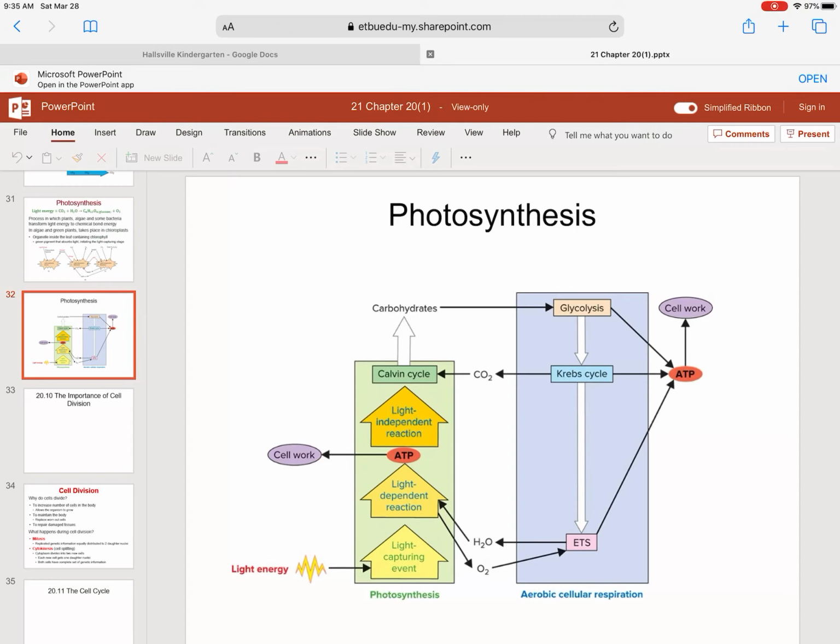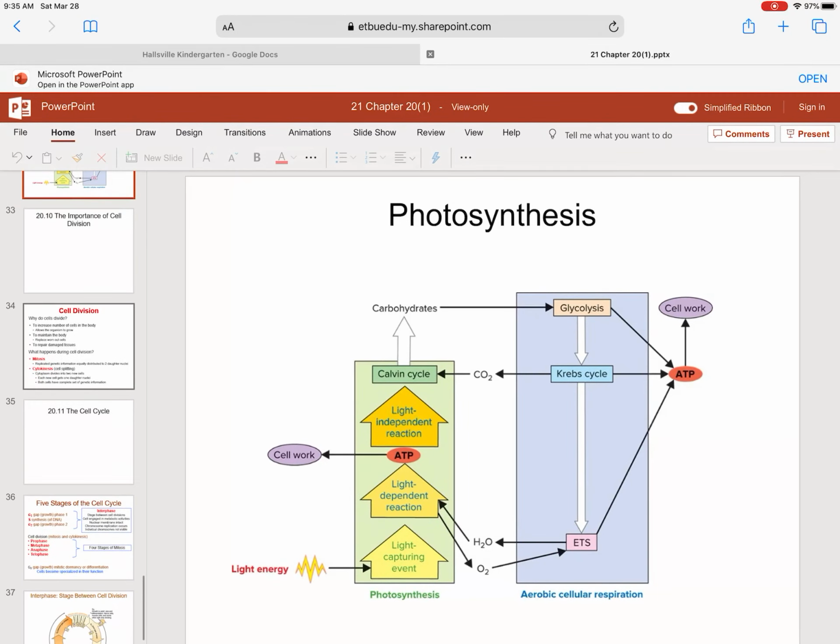Calvin cycle, okay, which produces carbohydrates, which we then eat. So we're the purple box, glycolysis, Krebs, ETS, which then feeds right back into photosynthesis. So believe it or not, we are just as dependent on plants going through photosynthesis as plants are dependent on us eating and undergoing glycolysis.